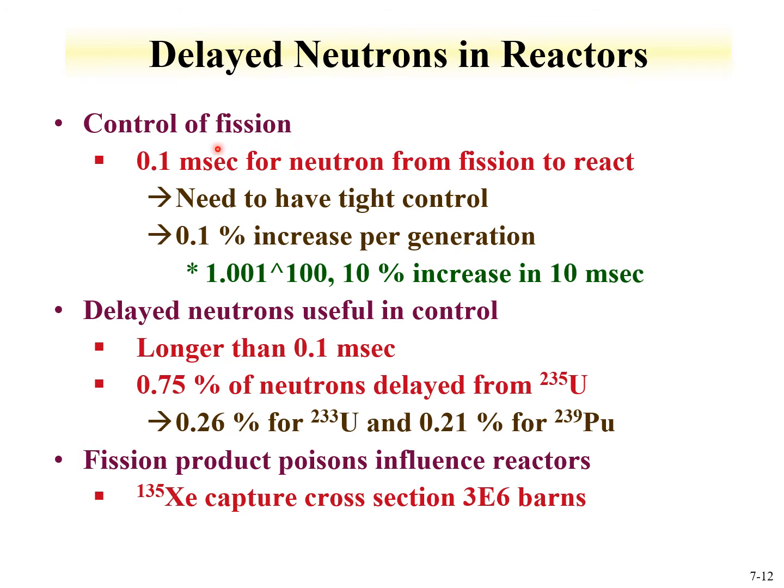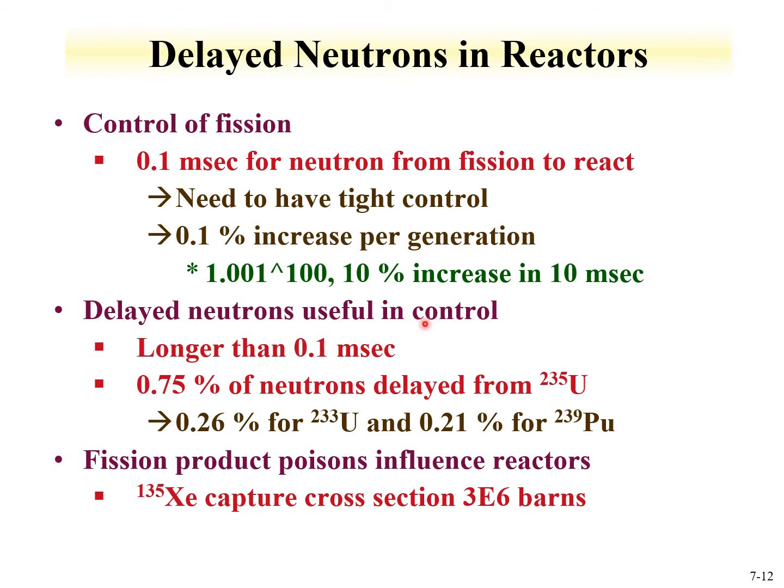One needs to have somewhat tight control on this, because even a tenth of a percent increase per generation would give you a 10% increase in 10 milliseconds. You would basically need 100 generations for that, but it happens so quickly that in 10 milliseconds, you could quickly add 10% more energy, 10% more heat to a reactor without this control.